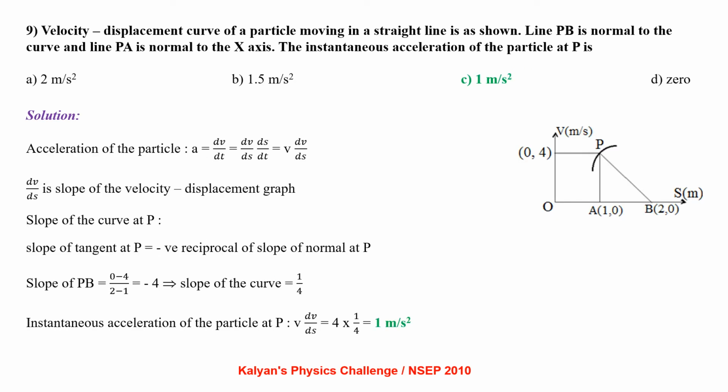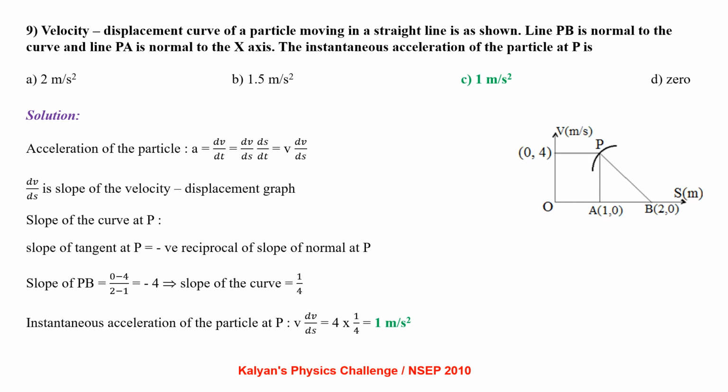Velocity displacement curve of a particle moving in a straight line is as shown. Line PB is normal to the curve and line PA is normal to the x-axis. The instantaneous acceleration of the particle at P is, acceleration a equal to dv by dt, that can be written as v times dv by ds. dv by ds is the slope of the velocity displacement graph.